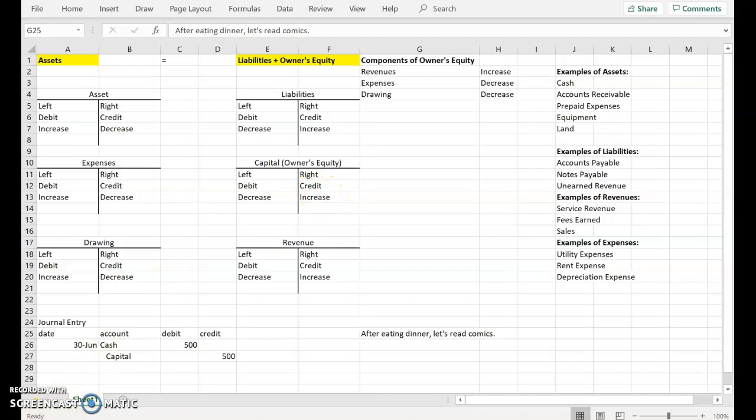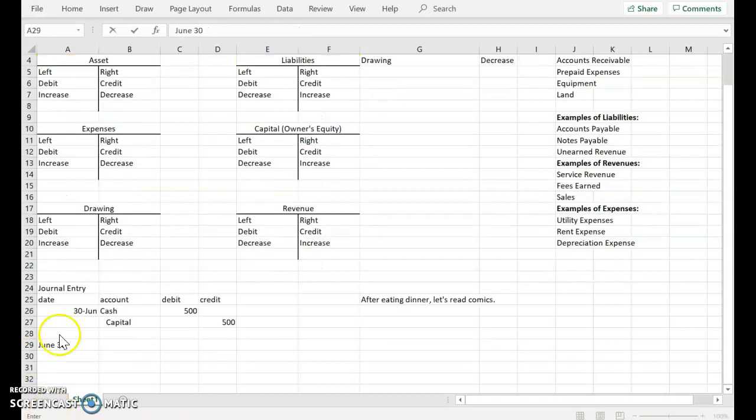So let's just look at a couple of examples. Let's say I pay $90 for a utilities expense. We know that's going to make cash go down, so cash is an asset, and to decrease an asset, we will need to credit cash. Okay, we'll use the same date, and we will need to skip a line. So indent, and credits always go last, and put the amount in the credit column for $90.